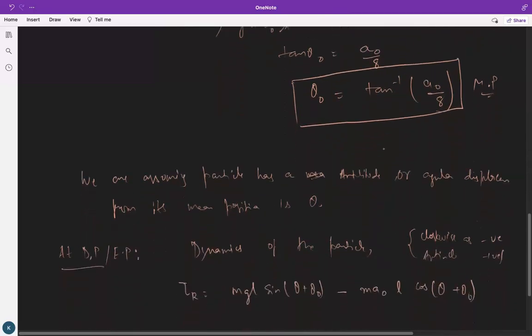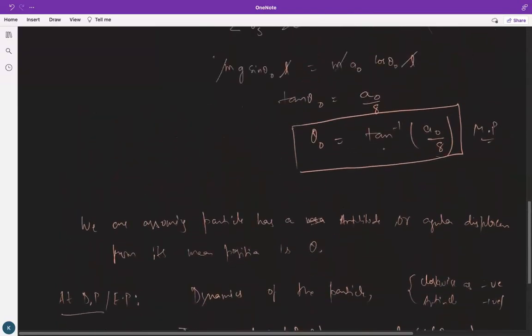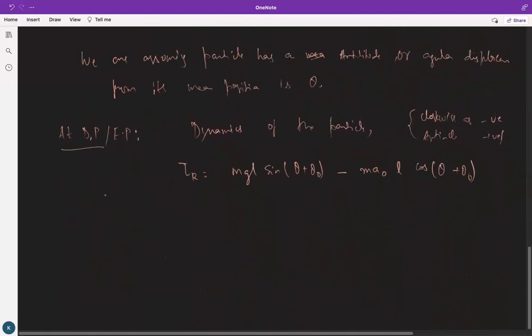So now we are going to use the relation tan theta naught is equal to a naught by g, right? We have this relation. Let me write it here. I hope you all know that this is perpendicular by base, which is tan theta.